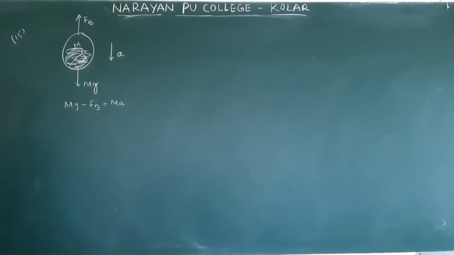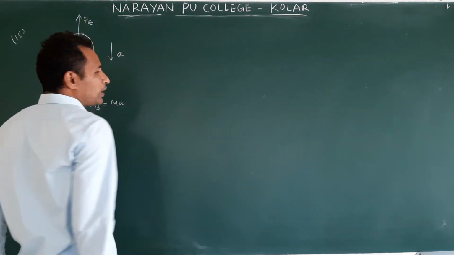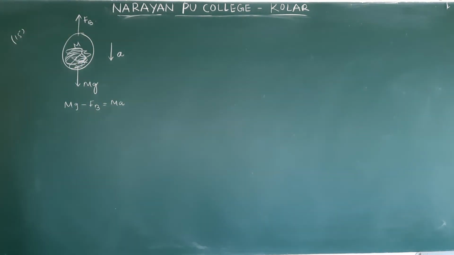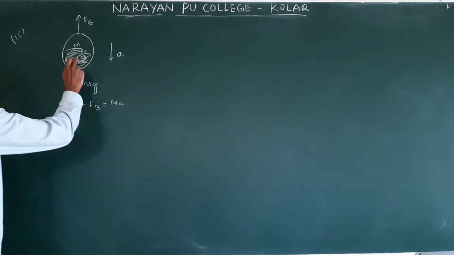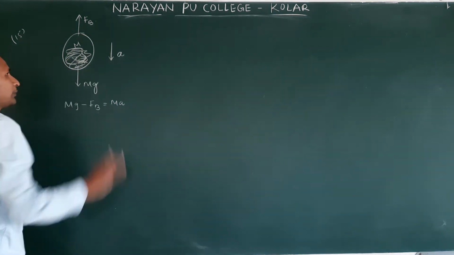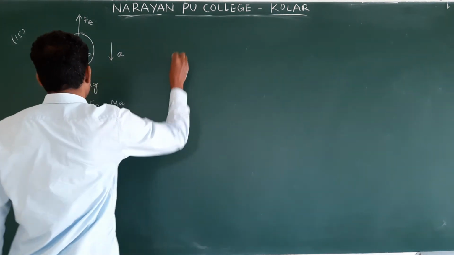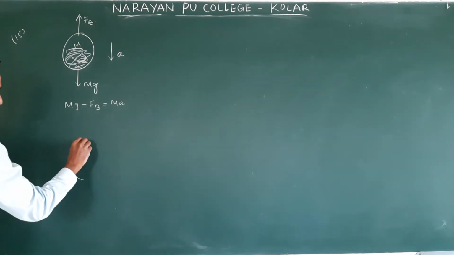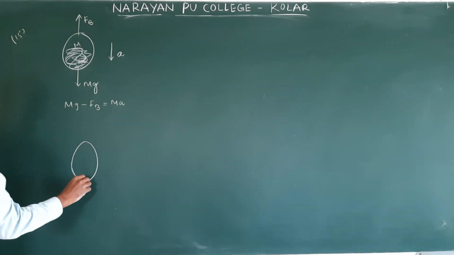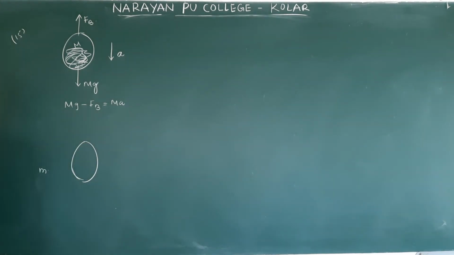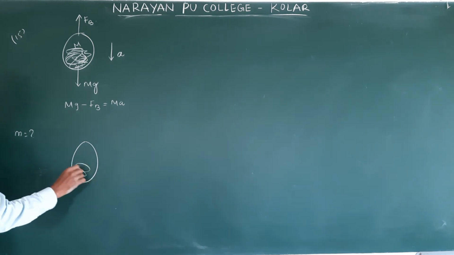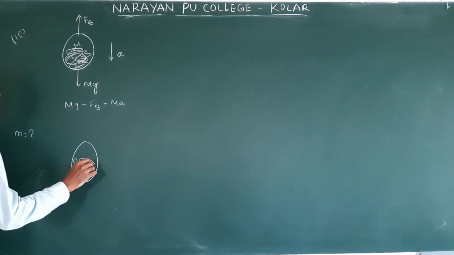Second case: what amount of mass is to be removed so that it can accelerate up? So I am drawing the second case here, the same balloon. I removed a certain amount of mass, small m. This removed mass is what they are asking. When small m mass is removed, what is the mass inside the balloon?